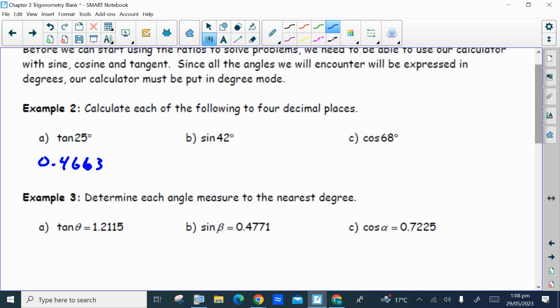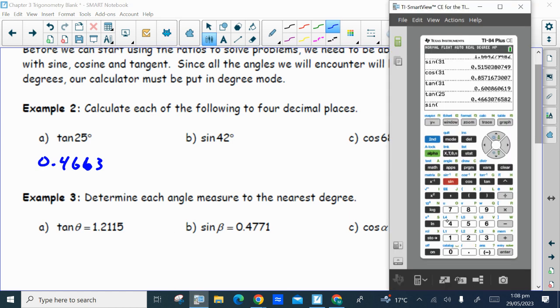Jensen, what's the sine of 42 degrees? Yep.